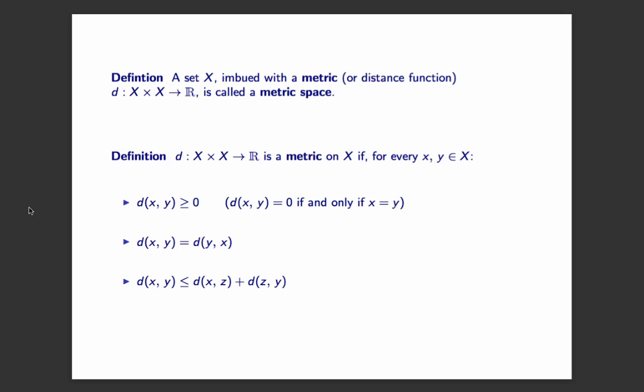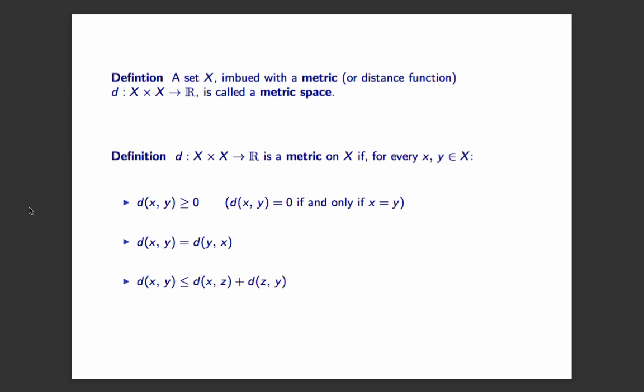Well, a distance function is a metric on X if for any two elements x, y in my set X, the distance between x and y is not negative, and it's only 0 if x and y are the same. In other words, if the distance from x to y is 0, x and y must be exactly the same.